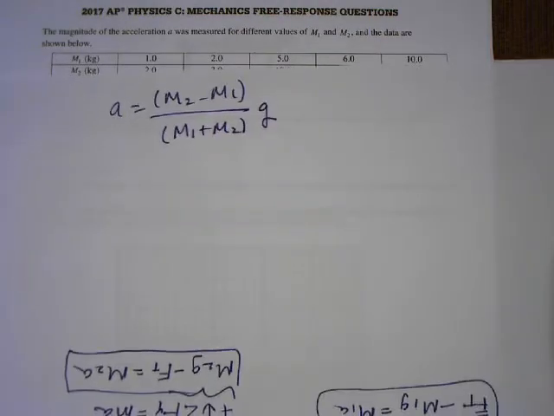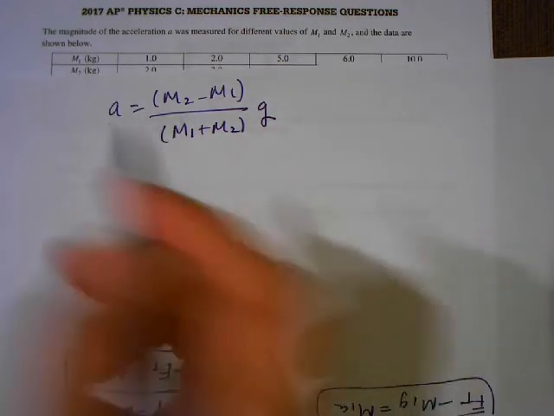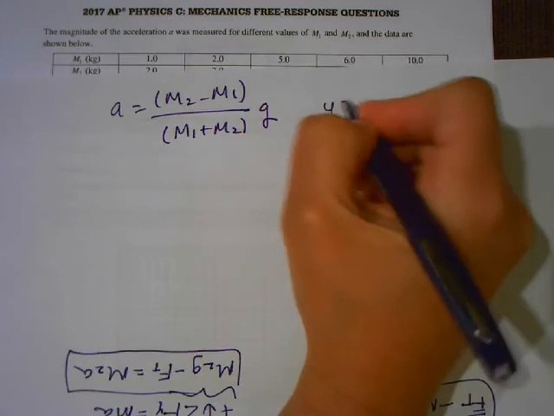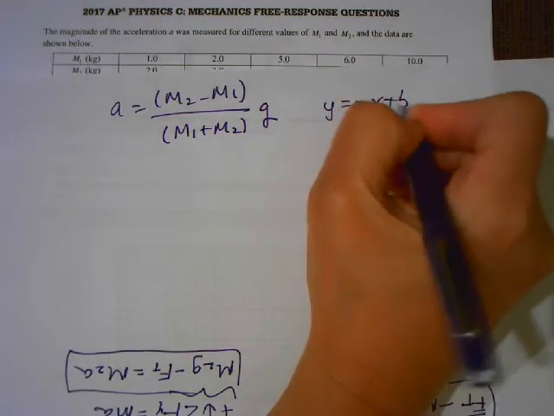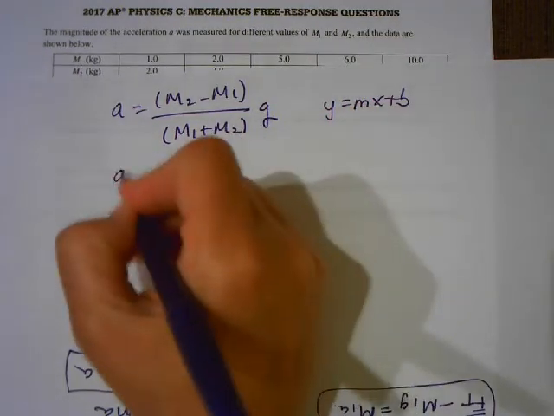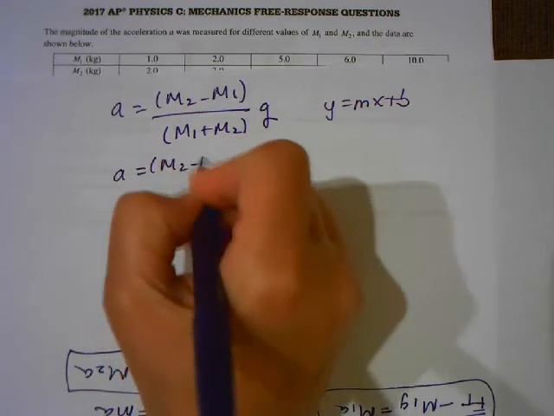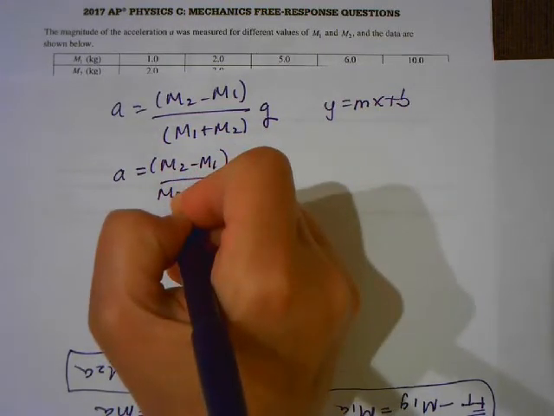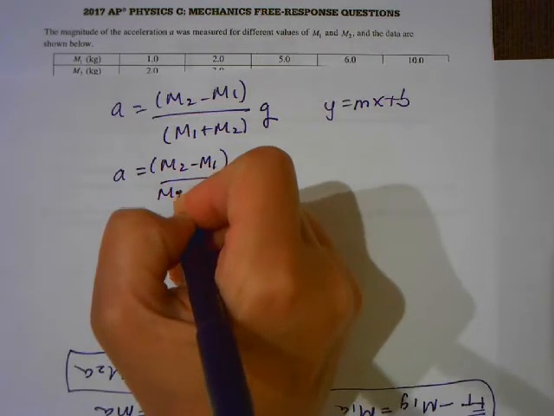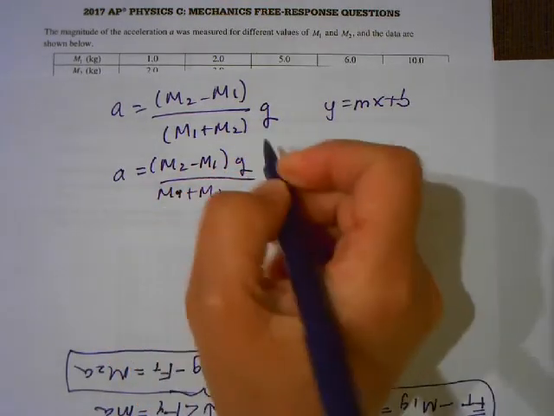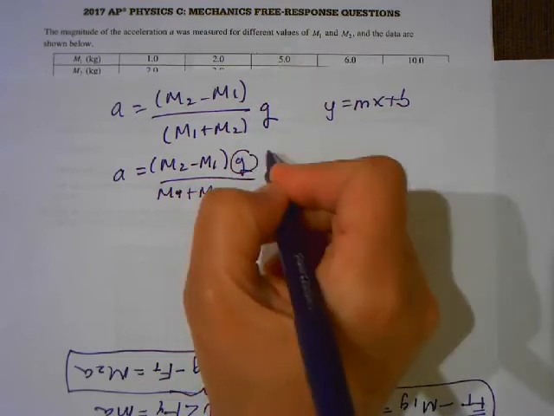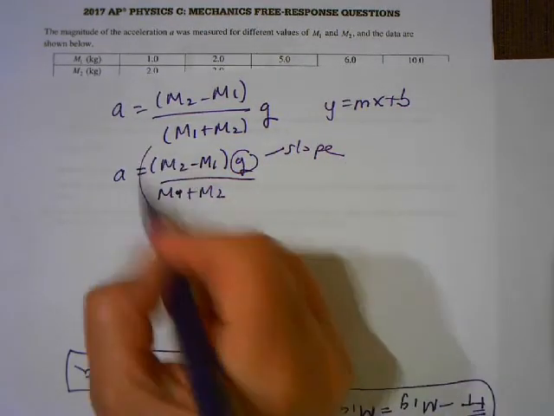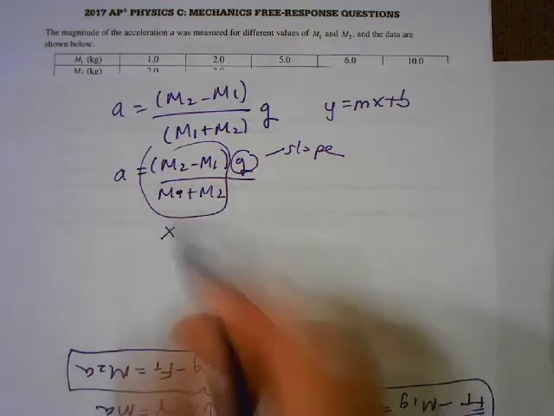There are different ways to do it. You can rearrange it to get y over x. Remember that the equation of a straight line is y is equal to mx plus b. So we would have a is equal to (M2 minus M1) times g over (M1 plus M2). I can see that this is the slope and this is going to be x.